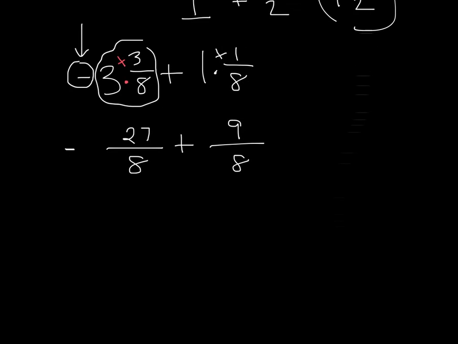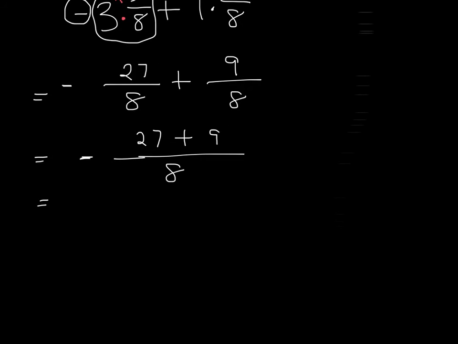And again, we have like denominators, so we can write that 8. And we have, okay, so our negative will be out here. It's really -1. So we have 27 plus 9, and so this really equals 36 over 8.